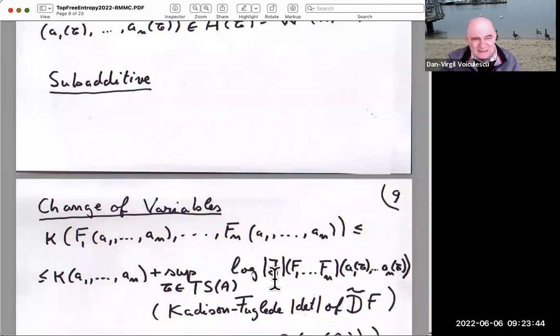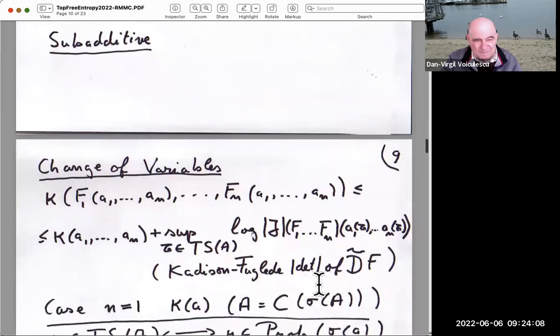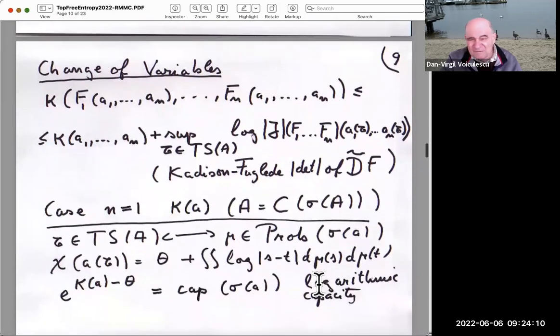So the inequality is this: the free capacity after the change of variable is bounded by the initial free capacity plus the supremum over all trace states of the logarithms of the Kadison-Fuglede determinants of the change of variable. Now, here is the reason why I use the name of free capacity for this.